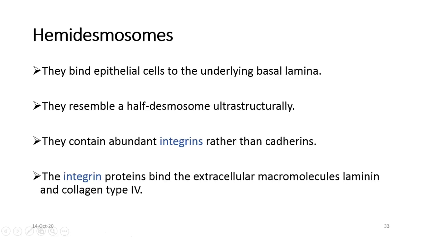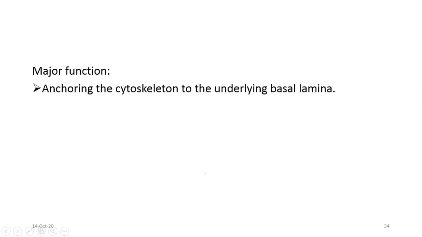And as we mentioned, laminin and collagen type 4 are components of the basal lamina. So the integrin proteins found in the hemidesmosome bind to the laminin and collagen type 4 found in the basal lamina. The major function of the hemidesmosome is anchoring the cytoskeleton of the epithelial cell to the underlying basal lamina.